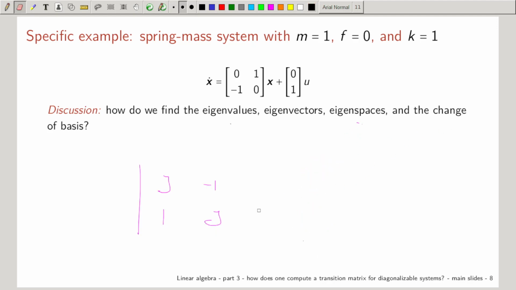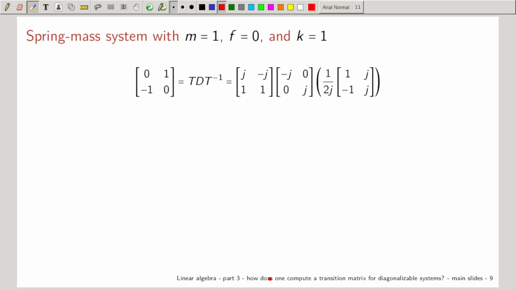Eigenspaces, change of basis. How do we find the change of basis at this point? We have v1 with lambda 1, v2 with lambda 2, okay? And we have to put them together. Let's do it.